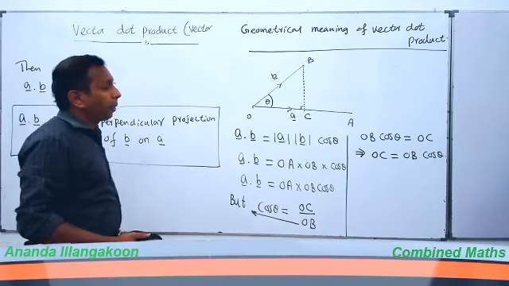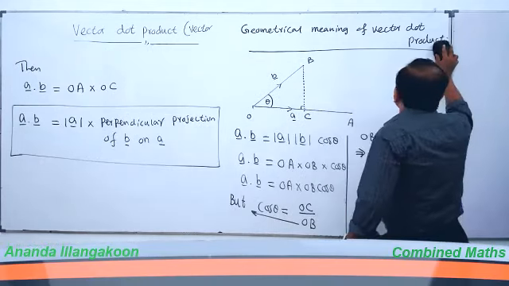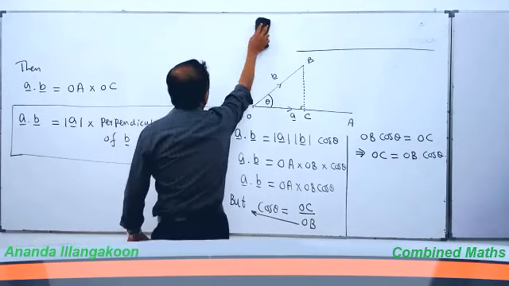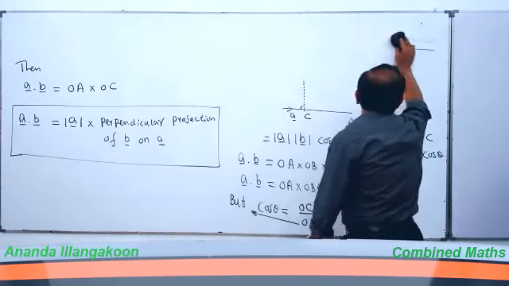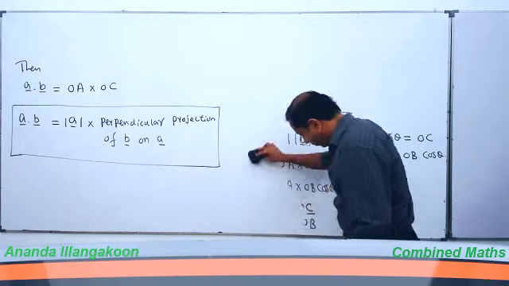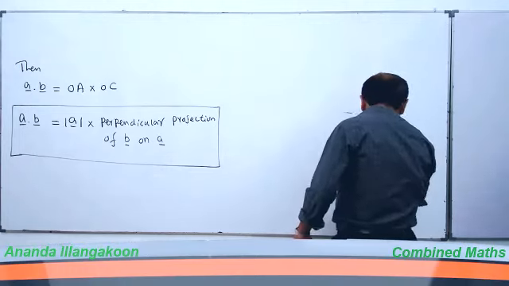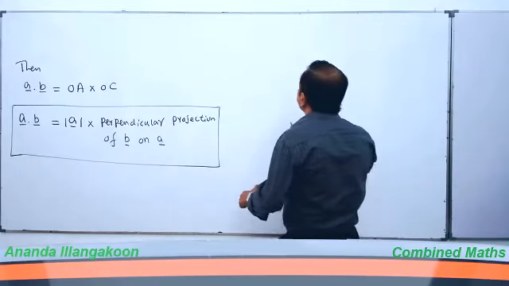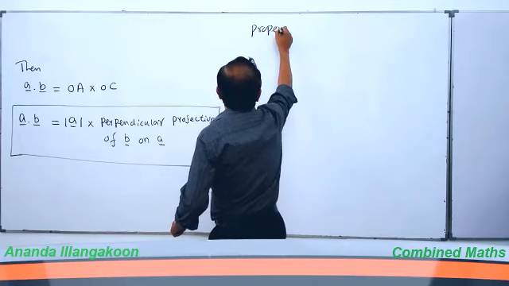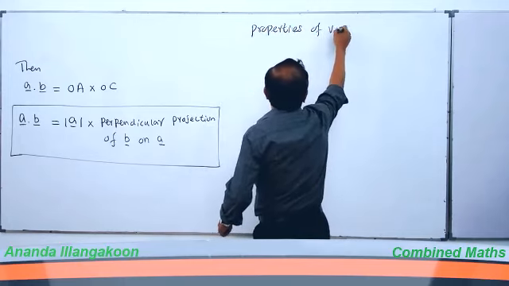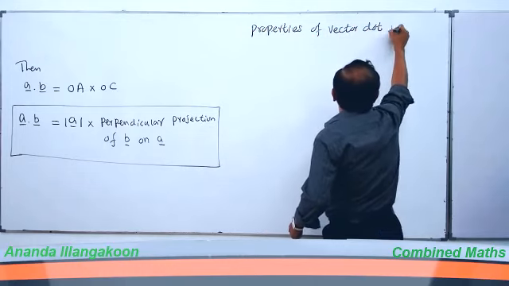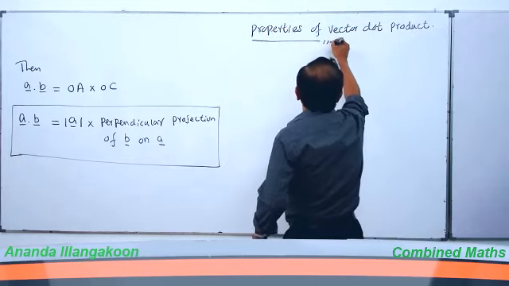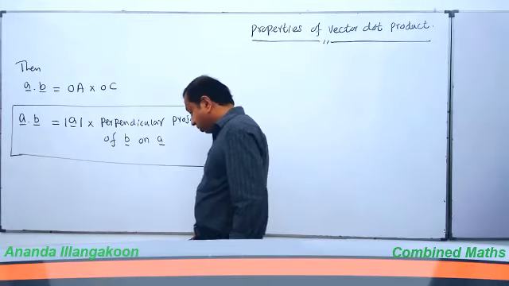Write down properties of vector dot product.